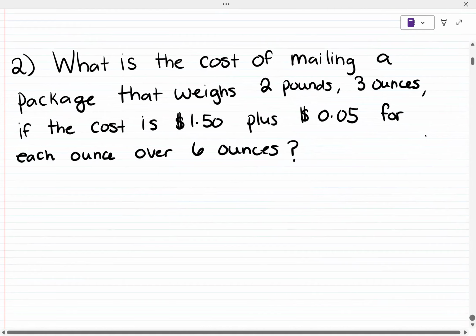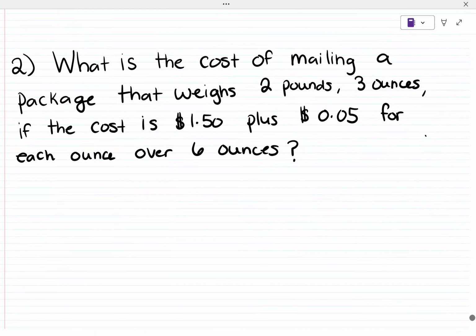Question two says, what is the cost of mailing a package that weighs 2 pounds and 3 ounces if the cost is $1.50 plus 0.05 cents for each ounce over 6 ounces? So it is kind of like a linear equation problem. The linear equation is y equals mx plus b. Do we know our m and do we know our b?